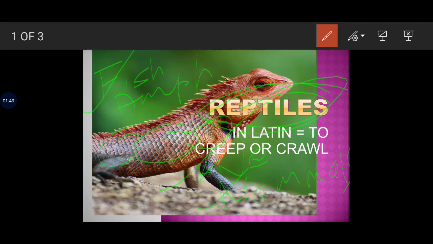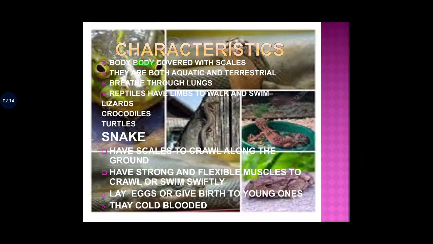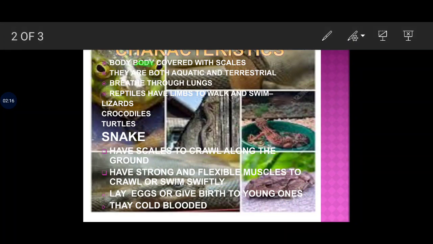Not exactly the same, but somewhat similar. In reptiles, however, scales are quite harder and more pointed, and they help them keep safe from predators. There is one more important function of these scales which we'll discuss in the next slide, where we discuss the major characteristics of this class.